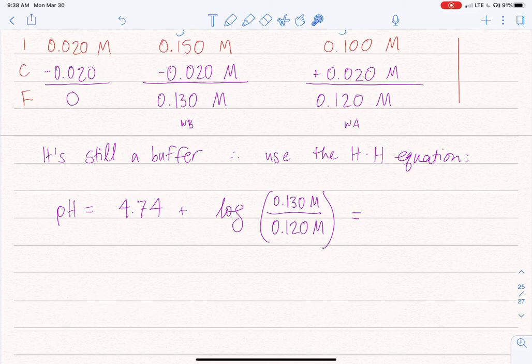So this ratio is much closer to 1 now, so that pH is just ever so slightly above the pKa, because I still have just a little bit more of the base than I have of the acid. So this pH is just ever so slightly above the pKa of the acetic acid acetate buffer.